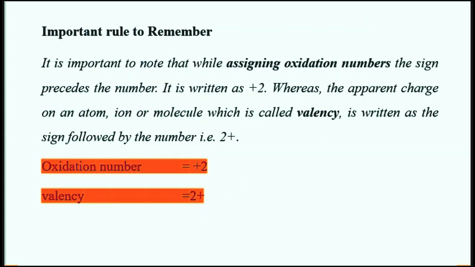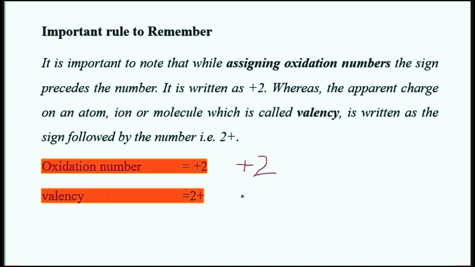Let's see an important point in this regard: what is the difference between the oxidation number and the valency. When we write the oxidation number, we first write the sign and then the digit, like +2.